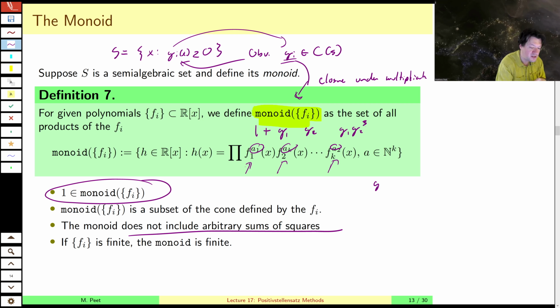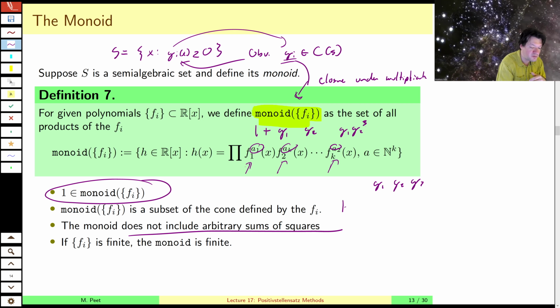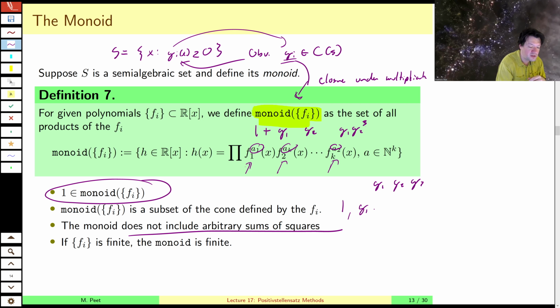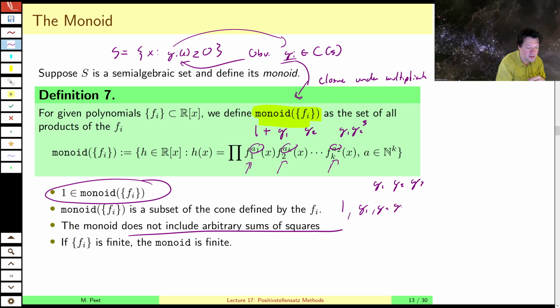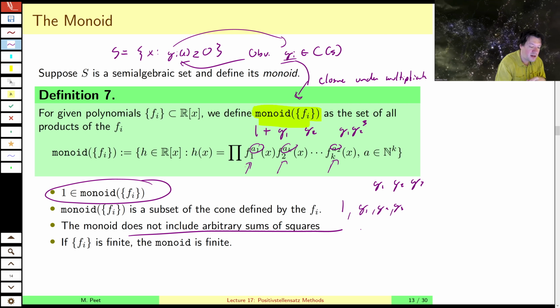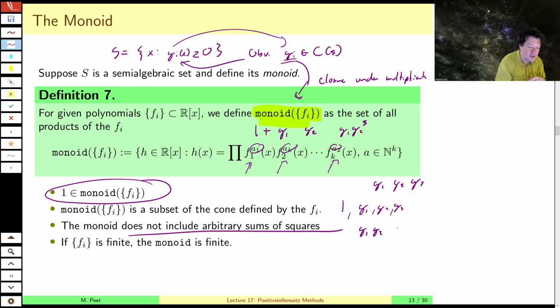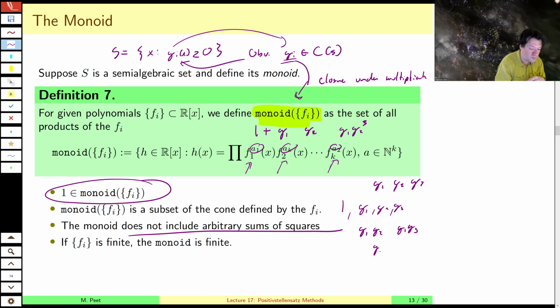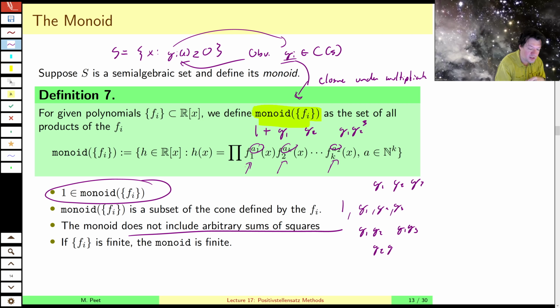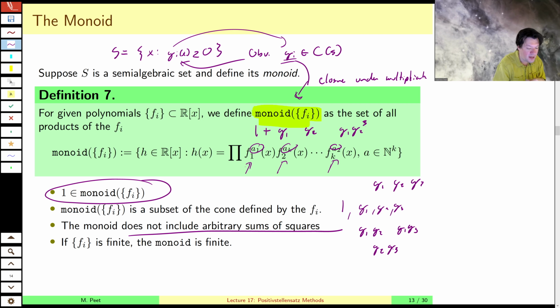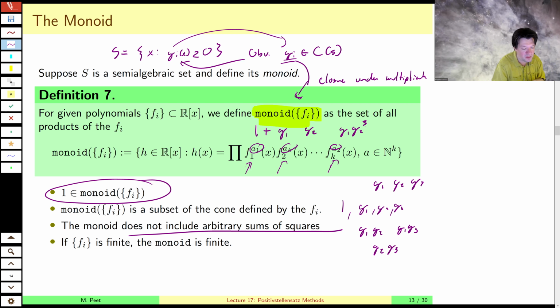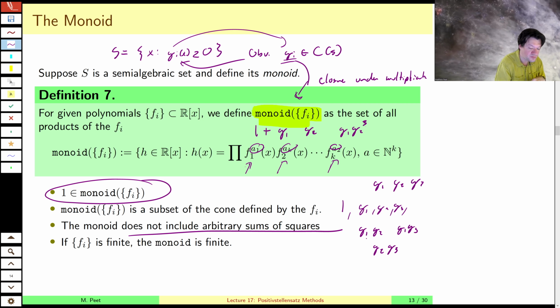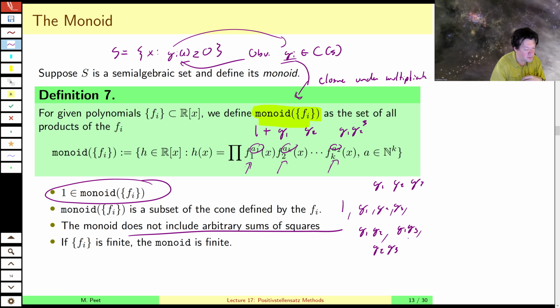So if we have G1, G2, G3, then the monoid would consist of 1, G1, G2, G3, obviously, and then G1 G2, G1 G3, G2 G3, and then I think we're done. And then, of course, higher powers as well. But those are the basic terms that we need to include.